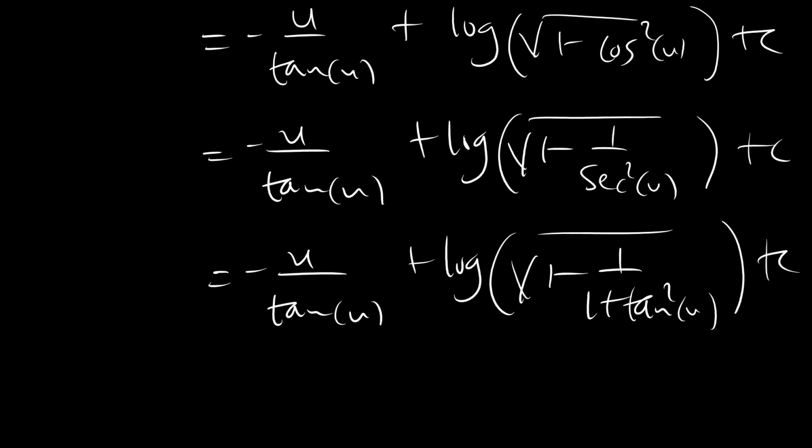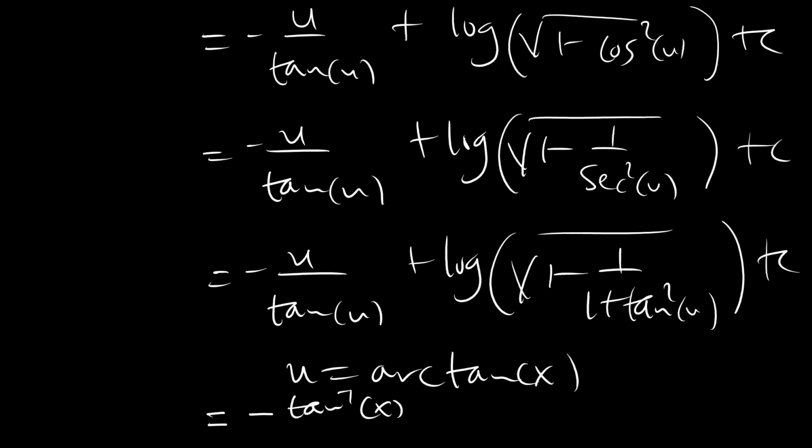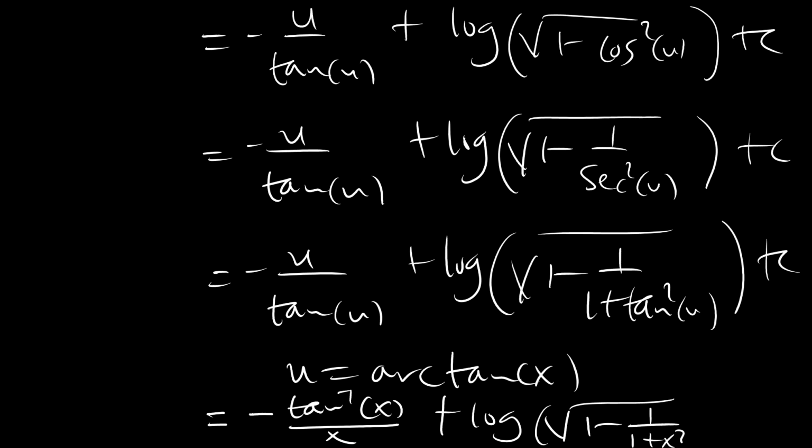And so if u is equal to arctan of x, that means we have arctangent of x over x plus log square root of 1 minus 1 over 1 plus x squared plus c.